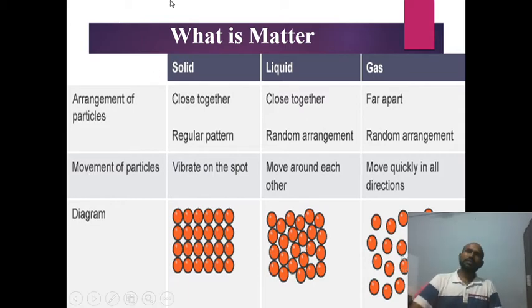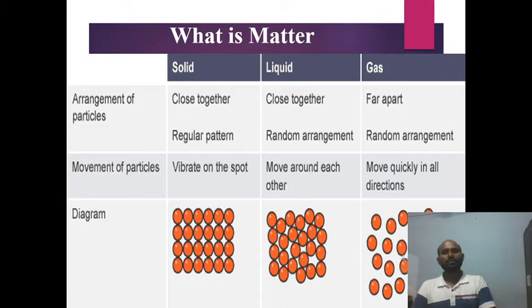Matter is divided into 5 parts: solid, liquid, gas, condensed matter, and plasma. But here we see 3 types. First one is solid, second one is liquid, and third one is gas. Condensed matter means liquefied hydrogen is a condensed matter, and plasma state means the flame of a candle. It is a plasma state.